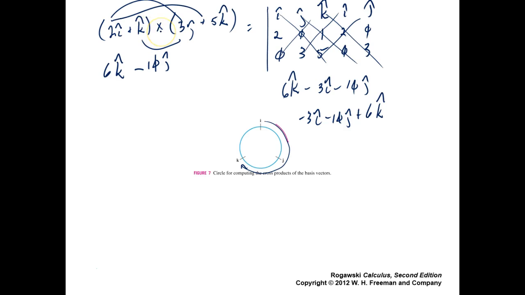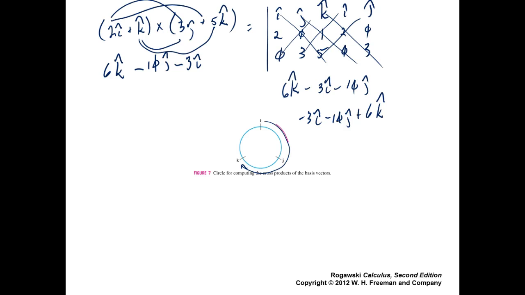Okay. K cross J would be going this way, which is going negative, so negative I. But how many I? 3. Yes, negative 3I. And then the last would be these two, but K cross K is 0.